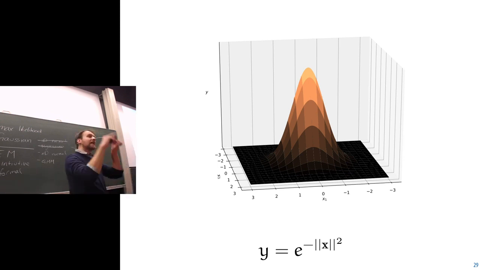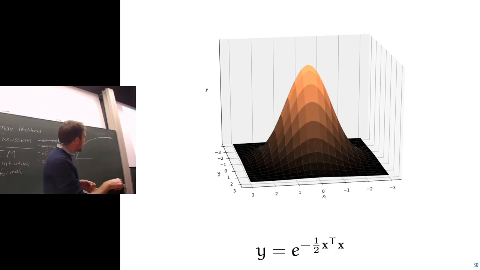If you take the square of a norm, that's equal to just taking the dot product of the vector with itself, right? Because this is the definition of the norm. So if you take the square of this, the square and the square root cancel out against each other.